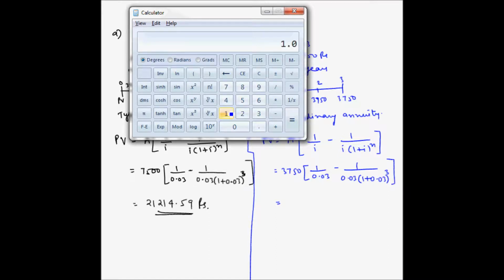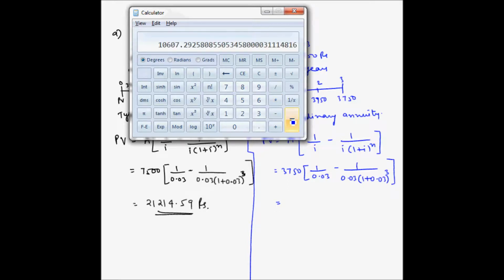So 1.03 cubed multiplied by 0.03, and the reciprocal of this, and since this is negative, plus 0.03 and its reciprocal, so 0.03 reciprocal is equal to, and this multiplied by 3750.